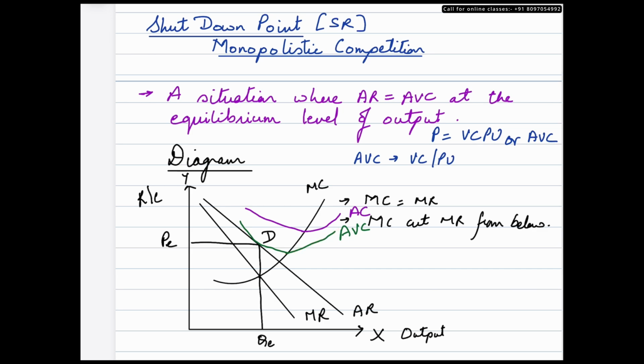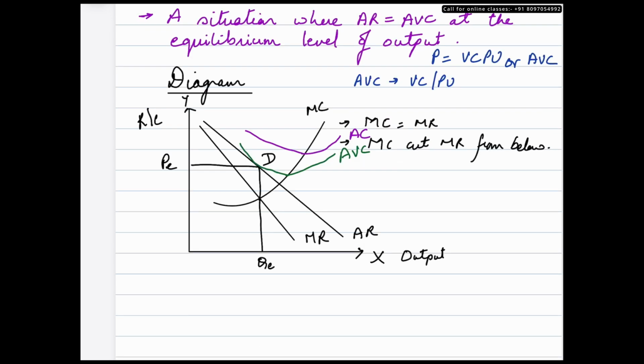Okay, now what do we see here? At equilibrium QE, what is the condition? Average variable cost is equal to DQE, and average revenue is also equal to DQE. And we also see that there is a loss pertaining to this figure, so it's a huge loss already.